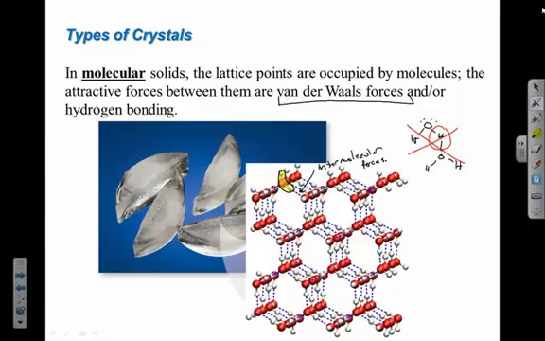So in this case, the water molecules are only attracted to one another not through covalent bonds, but in this case hydrogen bonds, or in other examples of other molecular solids, maybe just dipole-dipole or maybe just London forces. So I just have a weak attraction between opposite partial charges, and since that attraction is not necessary to maintain noble gas configurations, it's relatively easy to break.